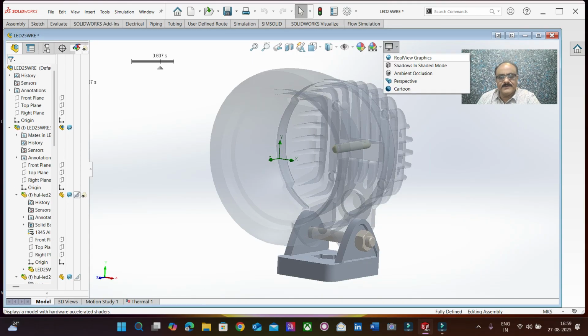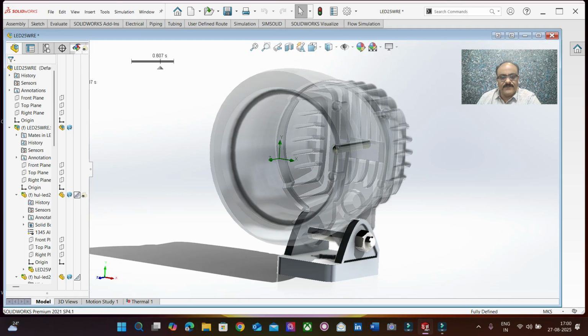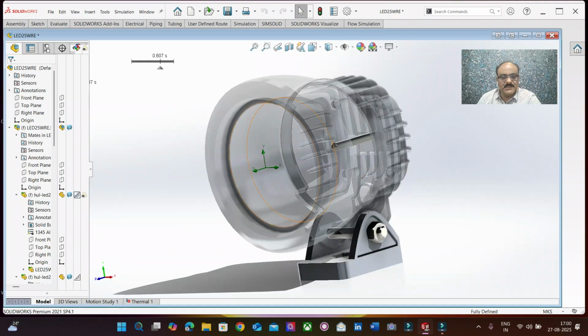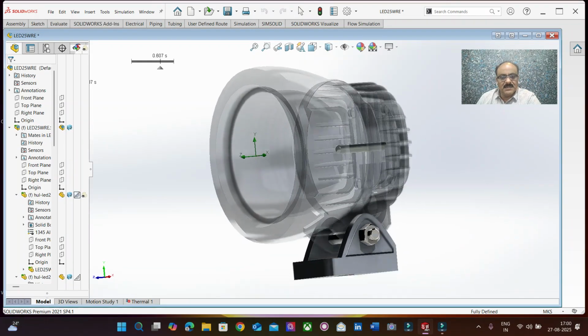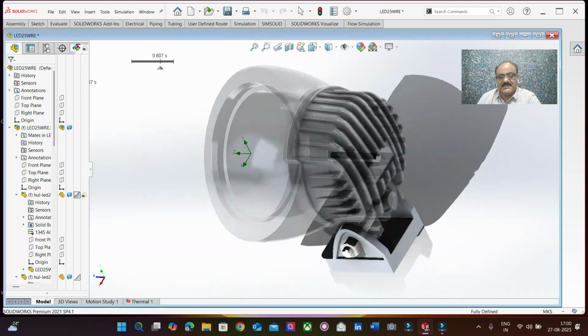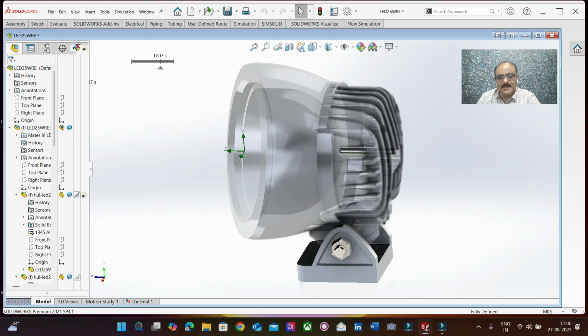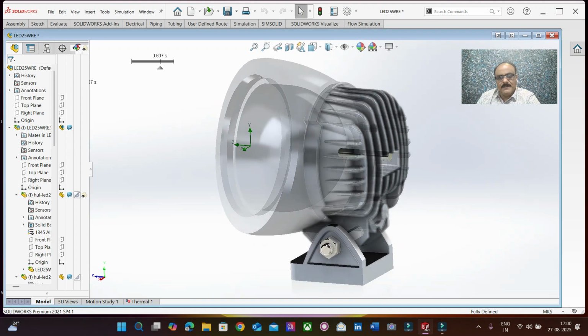So we can see, yeah, this is how the reflector, the internal region is consisting of the reflector, and this is the heat sink. So this projector lamp is going to be designed in such a way that the heat sinks are not kept independent, instead it is merged with the projector lamp.